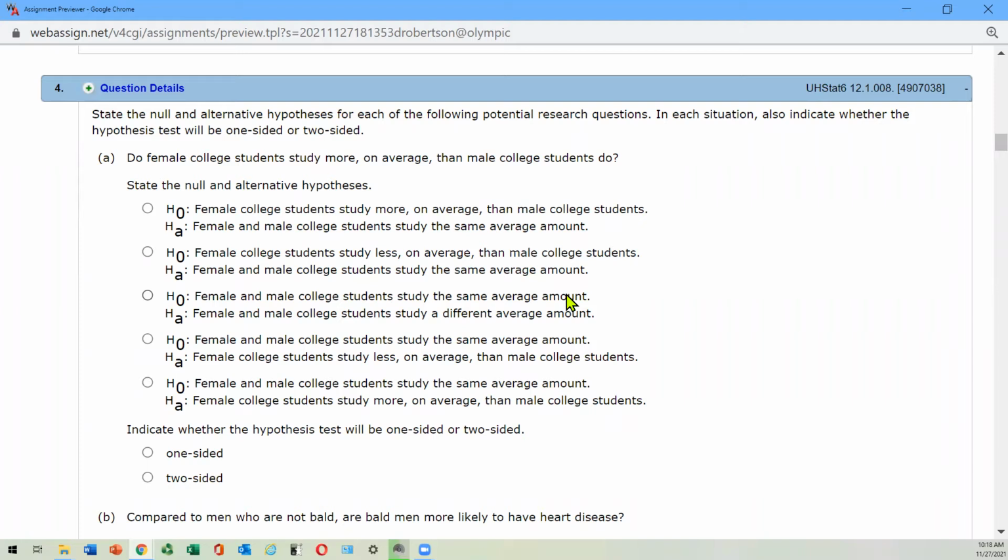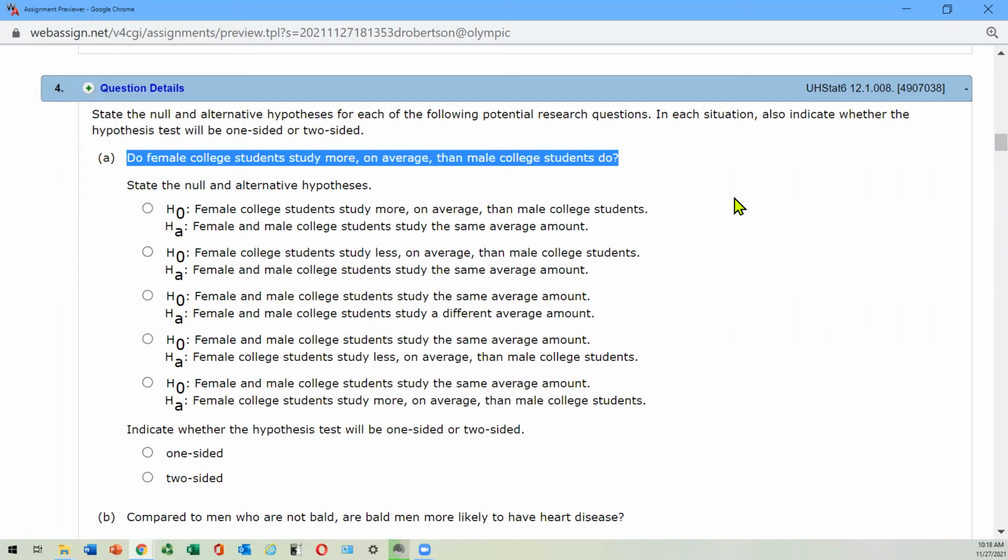So one-sided would mean right or left tilt, and two-sided is the not equal to situation. So the question is, do female college students study more on average than men? Well, the null would be the same, males and females, and the alternate would be that the females more than the males. So let's see which one of them that works into.